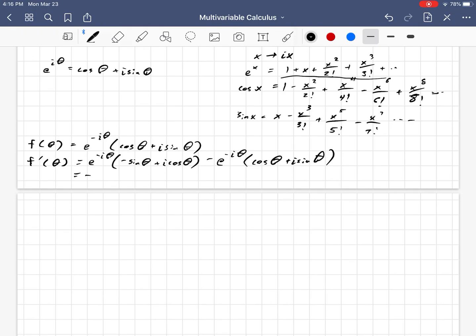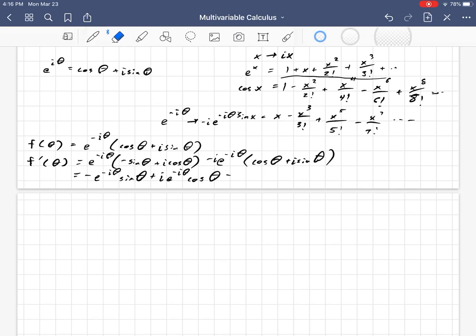And we can distribute that out. That's minus e to the minus i theta sine theta plus i e to the negative i theta cosine theta minus, whoopsies, I forgot the i here. I took the derivative of the e to the negative i theta, which becomes negative i e to the negative i theta minus i, there we go.